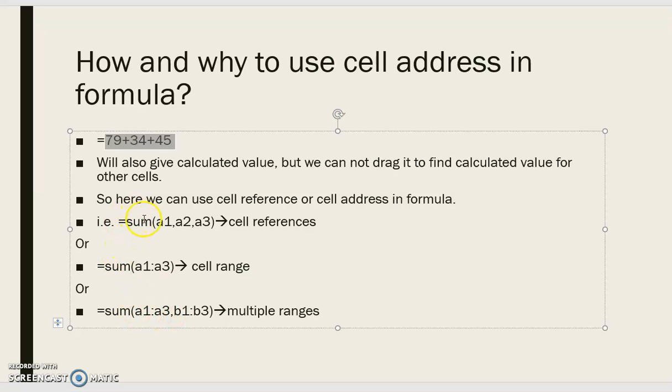If we want to use discontinuous cells, then we can use cell addresses separated by comma. Or you can use equal to sum A1 to A3, comma, B1 to B3. You can use multiple ranges in any formula. So in this way we can use cell addresses in a formula.